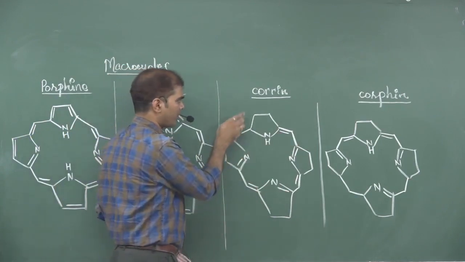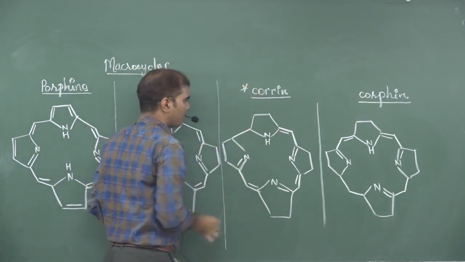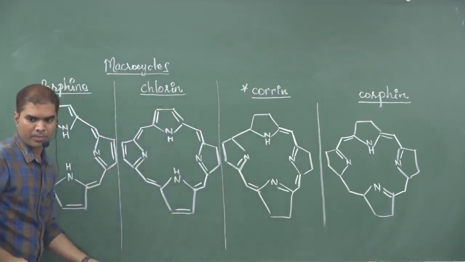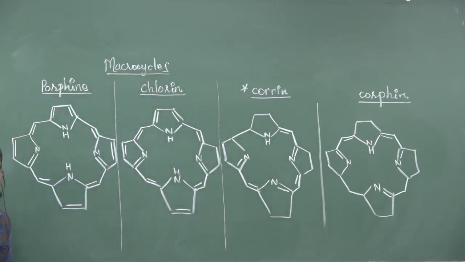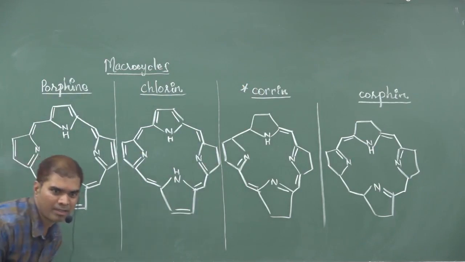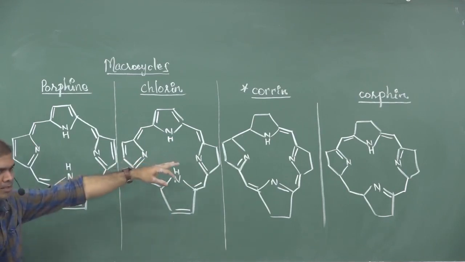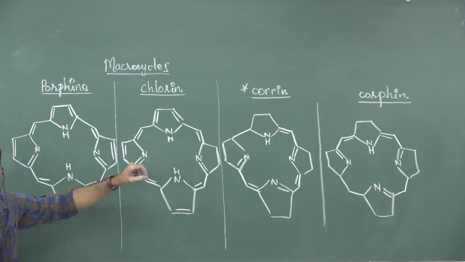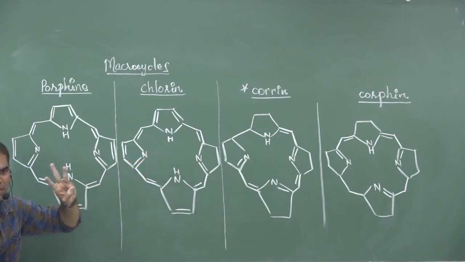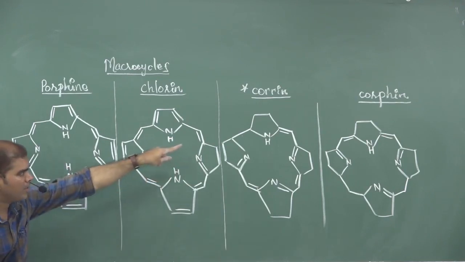A very important point for corrin. What do you call it? Cyanocobalamin. Vitamin B12 has that ring. The most important point is there are only 3 methine bridges, so don't put a CH there.